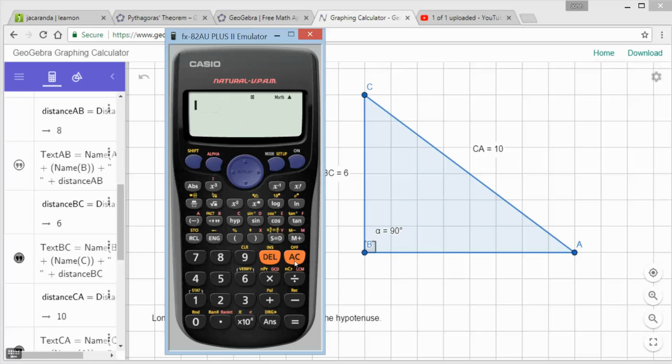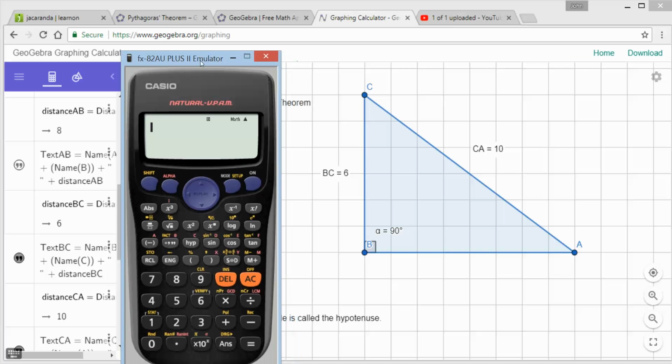So here's my calculator. Firstly, we see that the hypotenuse here, the longest side, is 10. So we're going to go 10 squared. And then we're going to subtract from it the shorter side you're given squared. And what you get is 64.